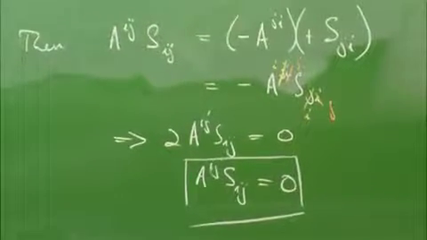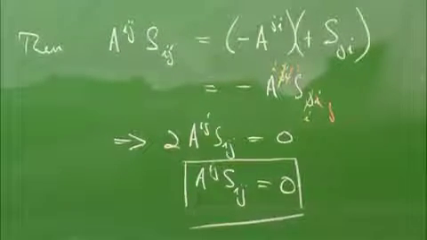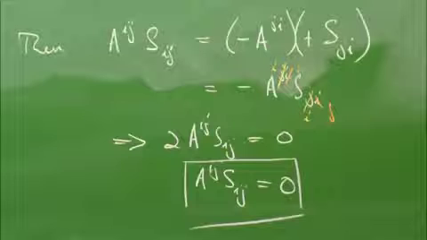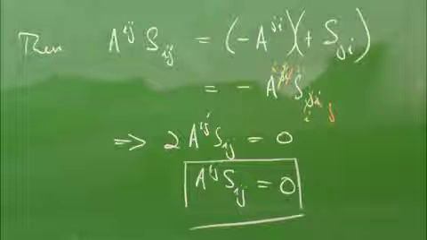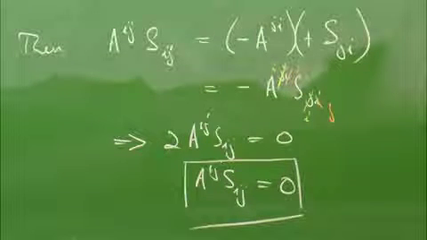There is the result that I want. If you sum symmetric on antisymmetric, you get 0. Everybody happy with that? Good. So I'm going to use this fact.